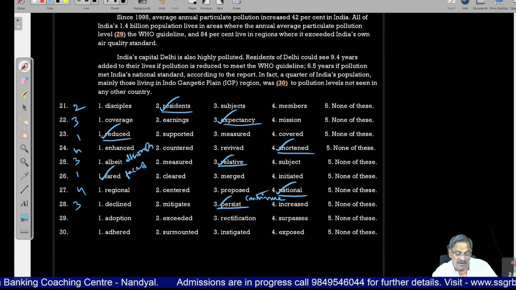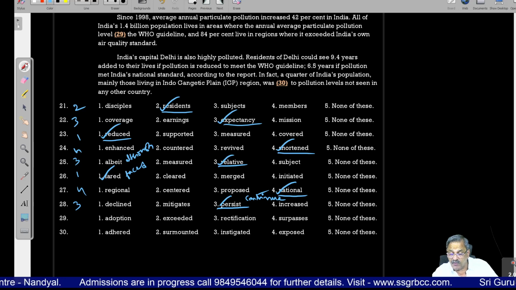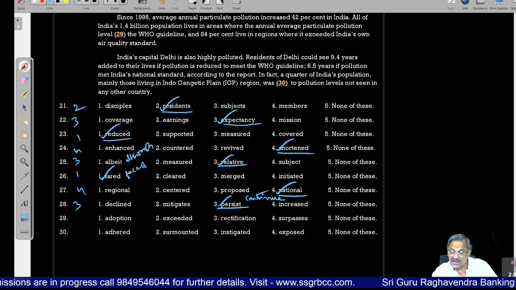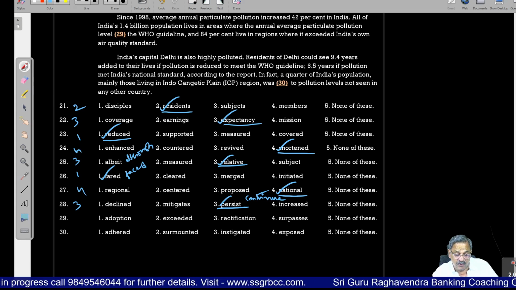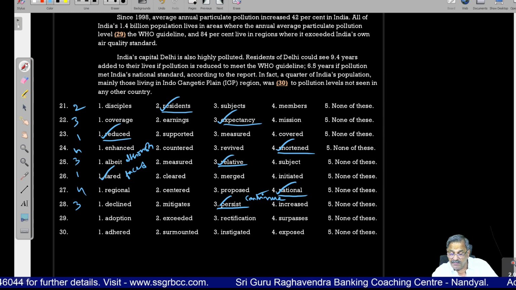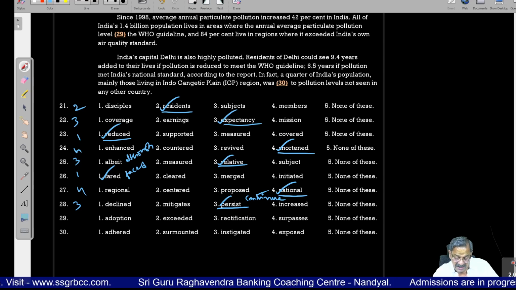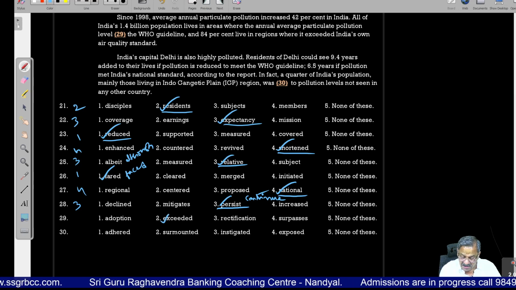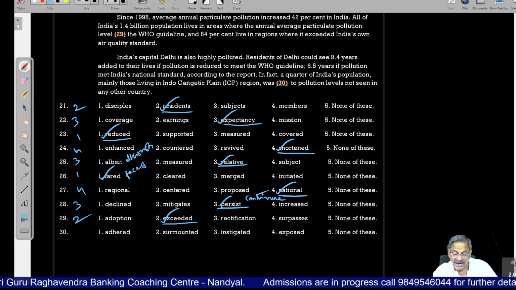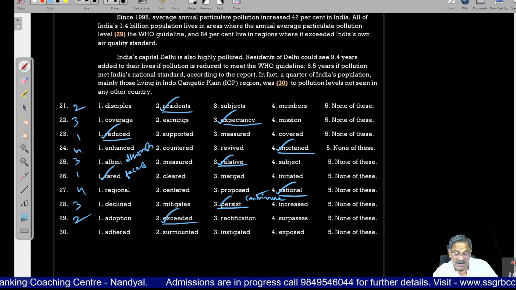All of India's 1.4 billion population lives in areas where the annual average particulate pollution level exceeded what was fixed by the World Health Organization, and 84% live in regions where it exceeded India's own air quality standard.